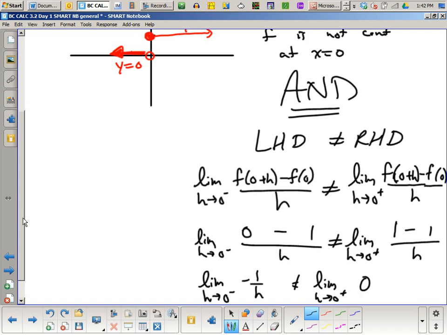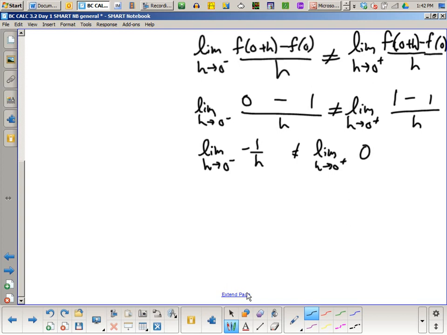Let's do the right side first. What's the limit from the right of 0? 0, right? What is the limit from the left of negative 1 over h? Imagine taking negative 1, but we're coming from the left. There's a specific something that's happening.